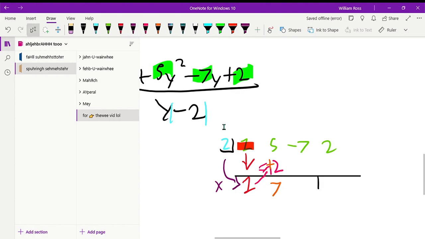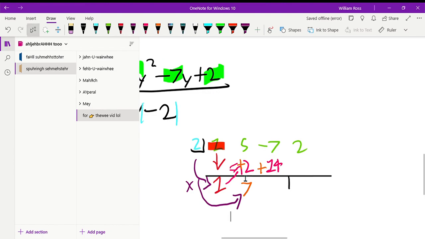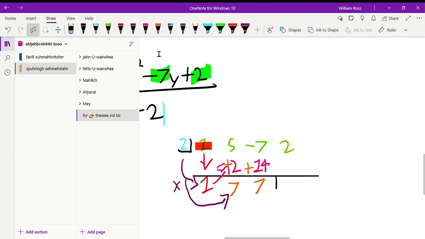That gives us 14. -7 plus 14 is +7. And then 2 times 7 is 14. And 2 plus 14 is 16.